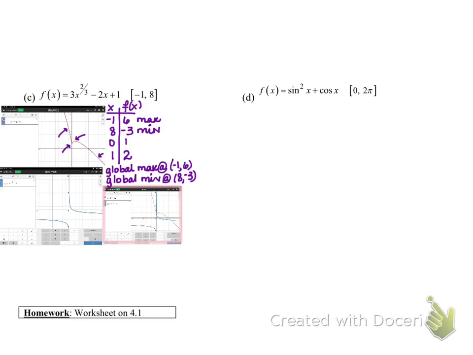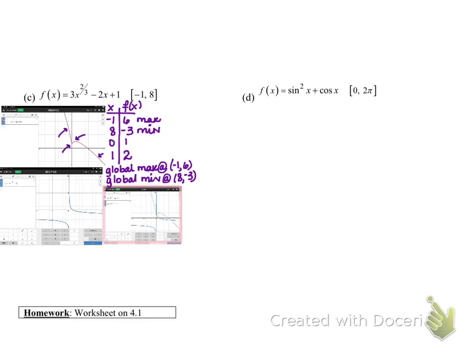And this is asking for the absolute maximum and minimum, or the global maximum or minimum. And so the global maximum is actually occurring at an endpoint, as is the global minimum, or the absolute minimum. However, it is important to note that you do have some other extrema in this function, some other behaviors that determine the shape of your graph.